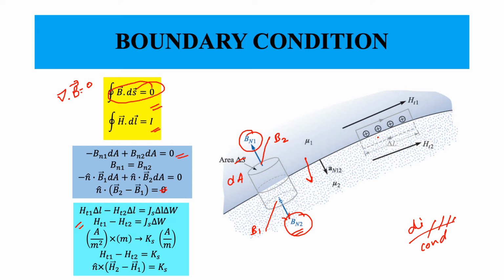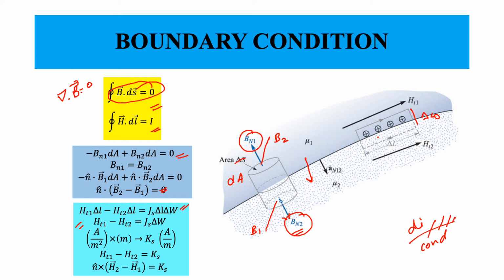Then this is equal to the current density Js times delta L times delta W. The width of this one is delta W. As before, we will make this delta W go to 0.